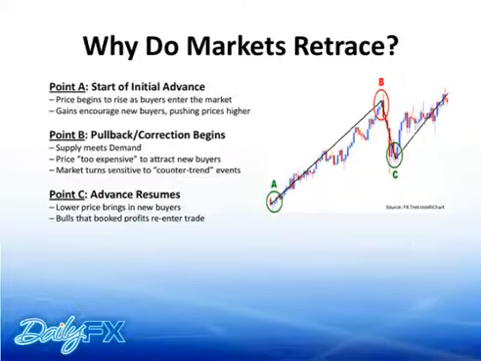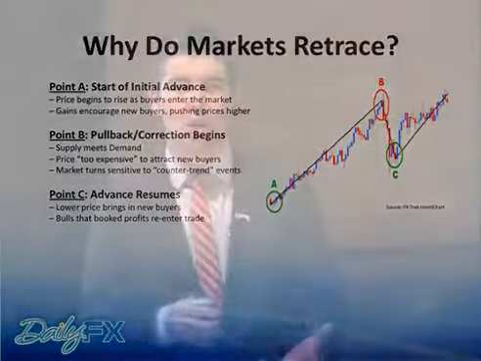Right, as you get to point B, you essentially create a situation where the traders that wanted to be long are already long, and the price has gone up relatively significantly and is no longer attractive to bring in new buyers. Now, it also means that the people that are already long have been long for a while.